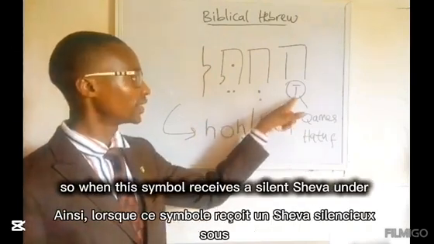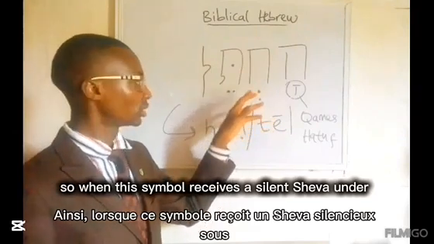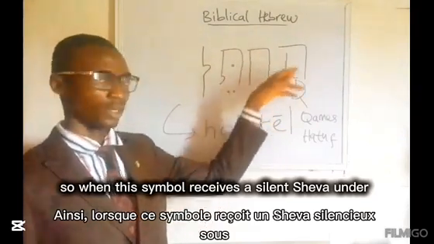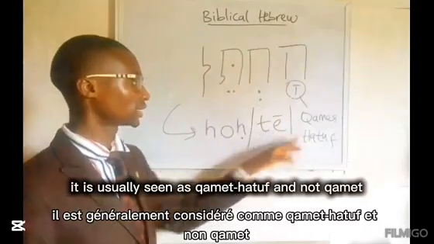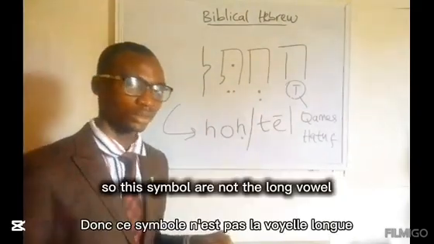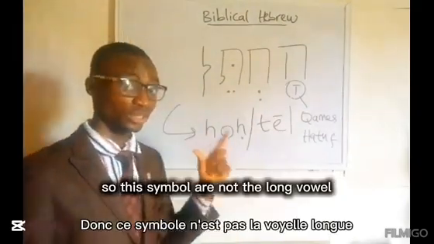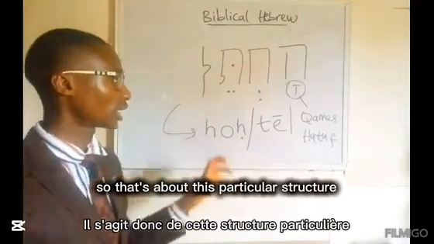So when this symbol precedes a silent sheva under a syllable that is not accented, it is usually seen as Qamet-hatuf and not Qamet. So this symbol is the short vowel and not the long vowel. So that's about this particular structure.